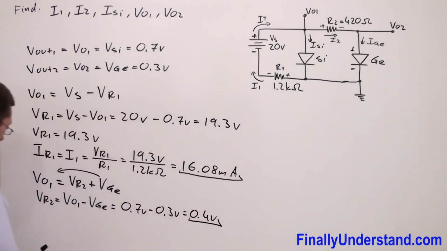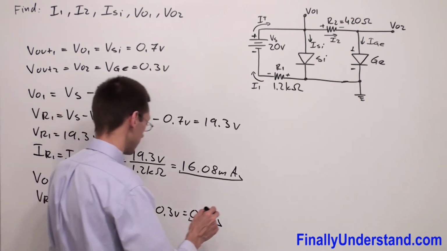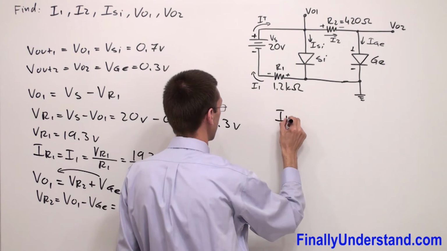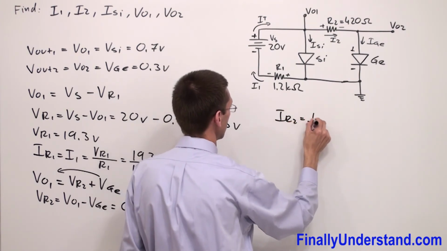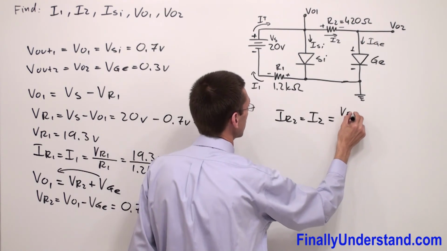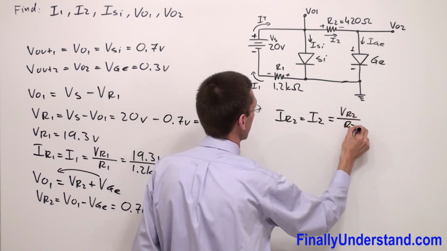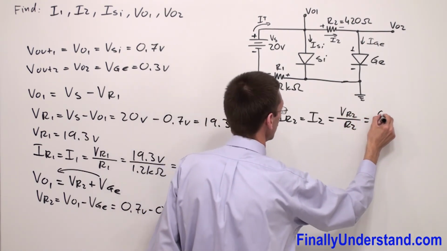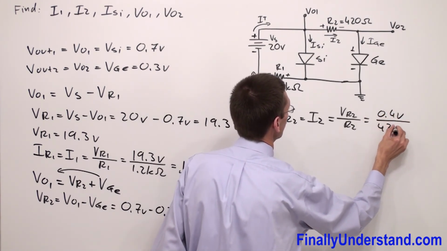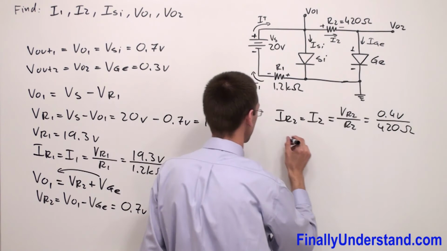Okay, so in order to find the current which goes through the resistor R2, I'm supposed to use Ohm's law. IR2 is equal to I2, which is equal to VR2 over R2, which is equal to 0.4 volts over 420 ohms.